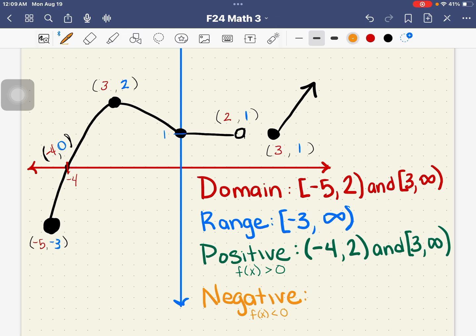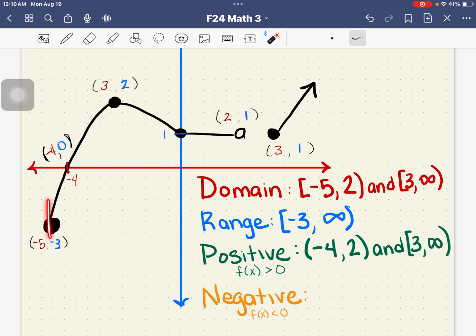All right, so now we're looking at negative. So the part of the graph that is below the x-axis, we have this part right here that's below the x-axis, so we need to describe it. And we start left to right. The left right here starts at -5, and it's going to end at -4, again with that same conversation from earlier, that 0 is neither positive nor negative.